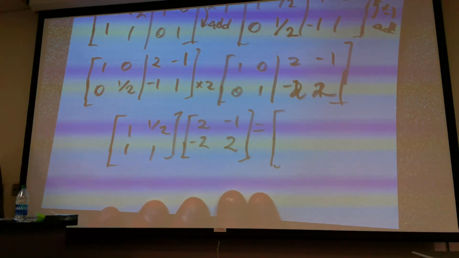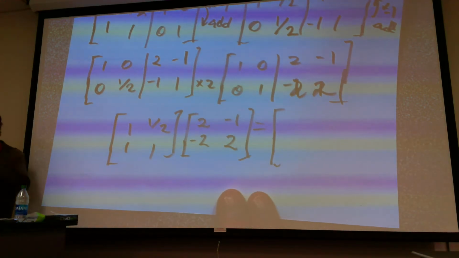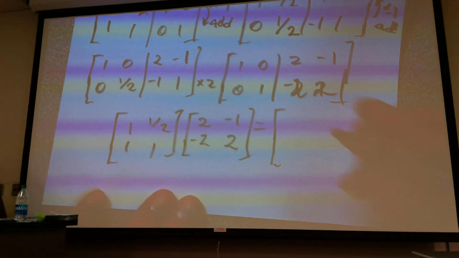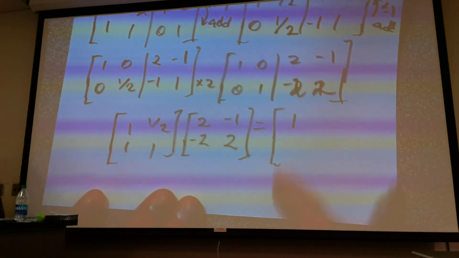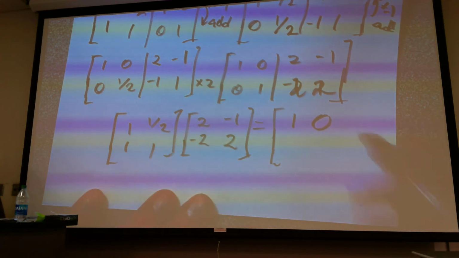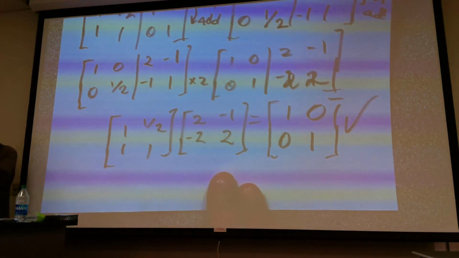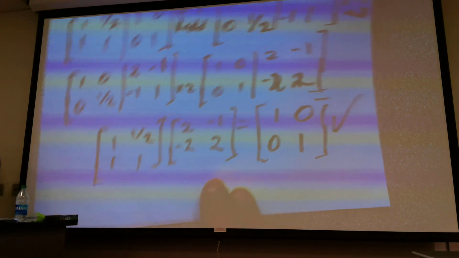So 1 and 1/2 acting upon 2 and -1, that'd be 1. Then 1, 1 acting upon -2, 2, that's a 0. And 1 and 1 acting upon 2, -1... and 1 and 1 acting upon -1 and 2, that's a 1. Good. So we found S inverse.